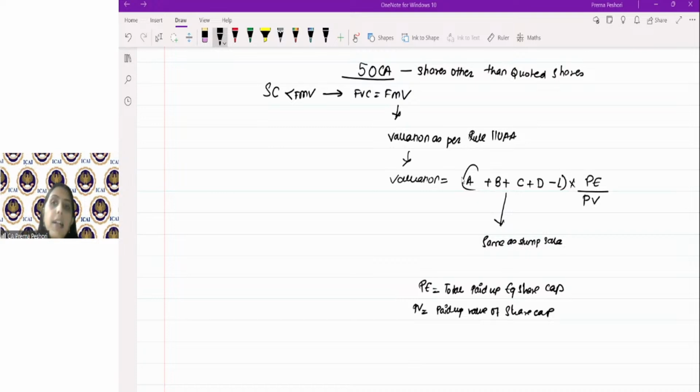Are we clear? Other than that, it is very much similar to your slump sale provision itself. Clear? Any doubt? Now, with respect to the value of the shares and securities, so in that particular case, we will again see this provision when we will be doing 56(2)(x).